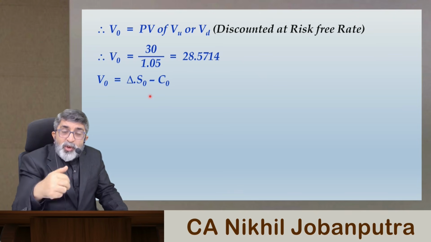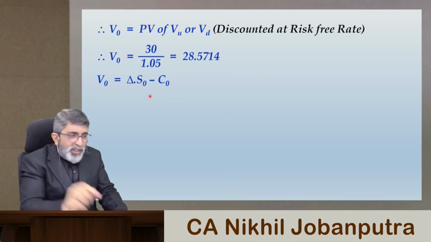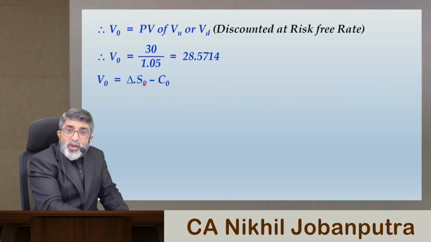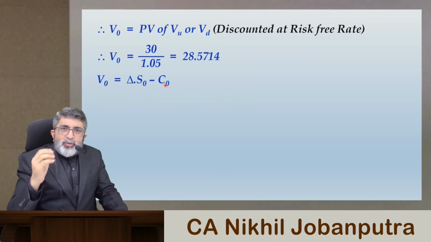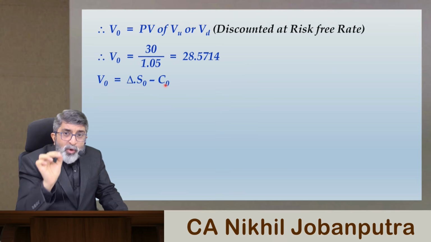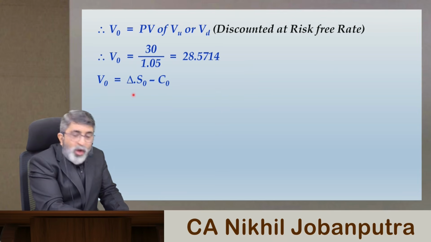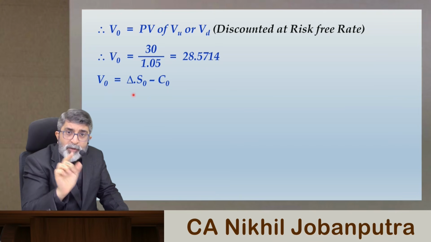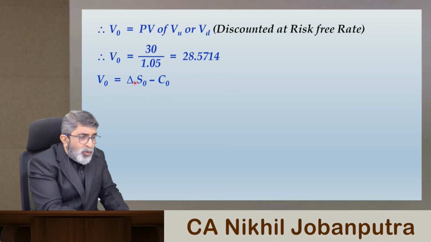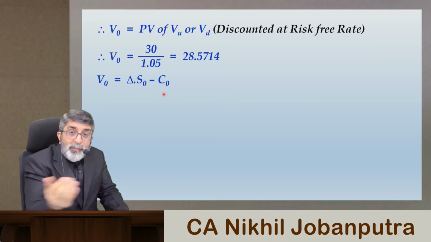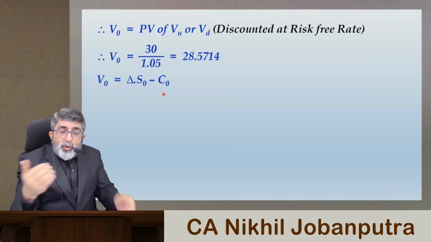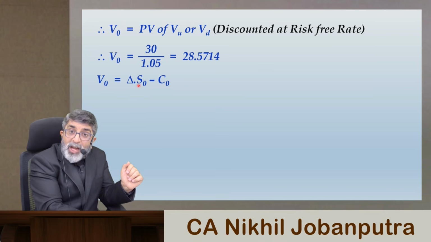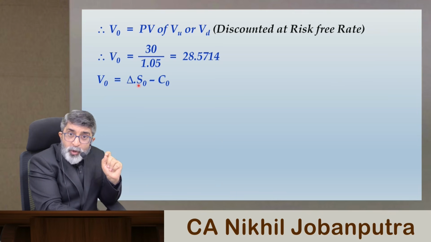That is the money that you are investing to buy delta shares. So delta S0 is your investment and C0 is your recovery. So whatever money you have invested in this stock by buying not the full stock but delta stock, you got some recovery by selling the call. So this indicates your cash outflow in making your portfolio investment.